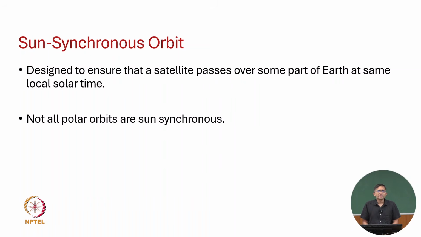At this point of time, it probably makes sense to talk a bit about this. We have already talked about geostationary and polar orbits. We have not mentioned this sun-synchronous orbit. A sun-synchronous orbit is designed to ensure that a satellite passes over some part of the Earth at the same local solar time.